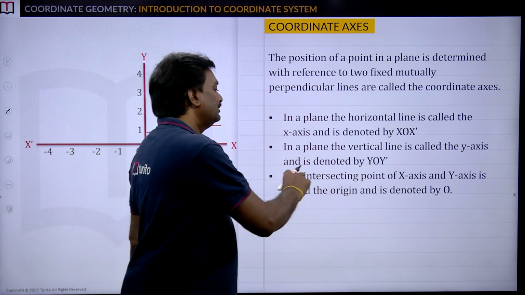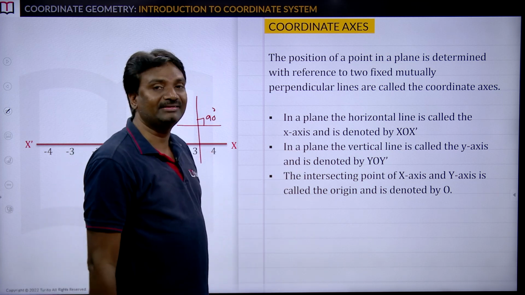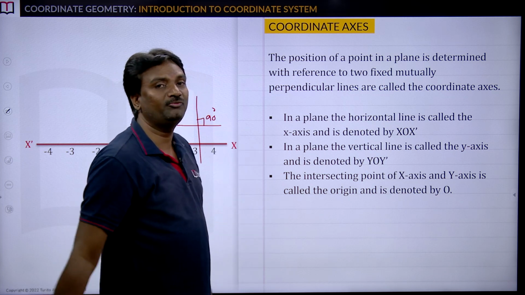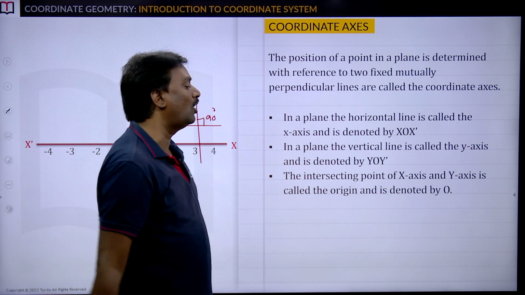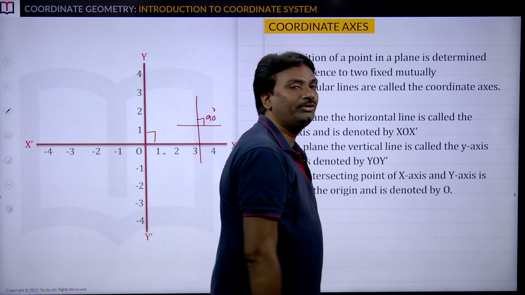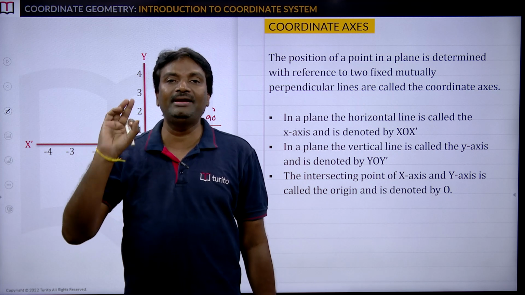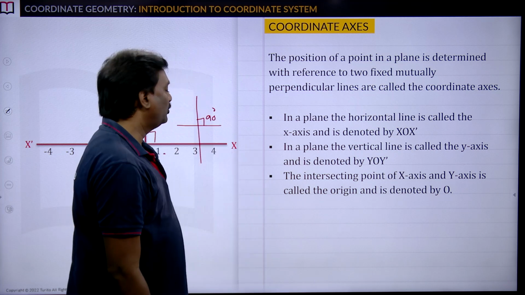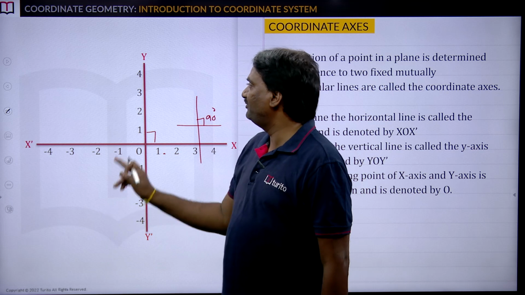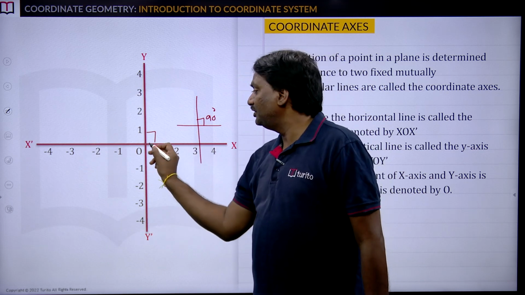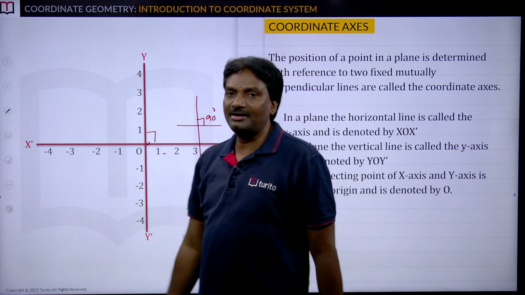The intersecting point of x axis, meaning x O x dash, and y axis, meaning y O y dash, is called the origin and is denoted by O. So, throughout coordinate geometry, O can be taken as origin. By observing this figure, this is x axis, this is y axis, and these two are intersecting at this point.